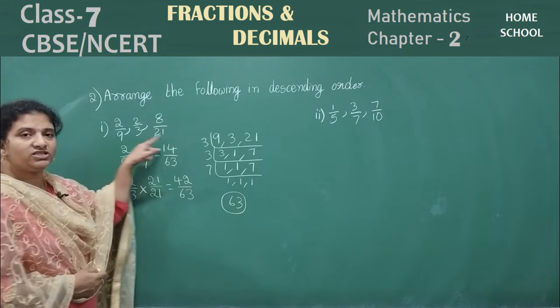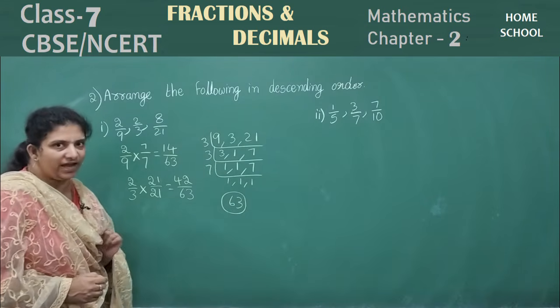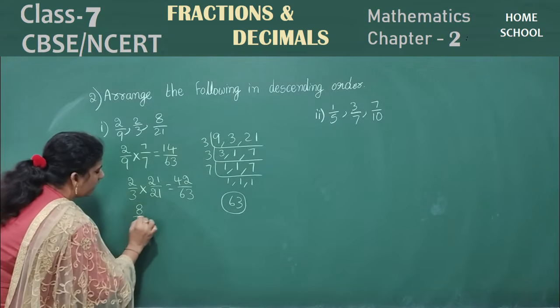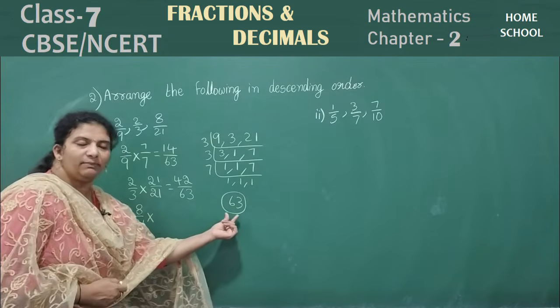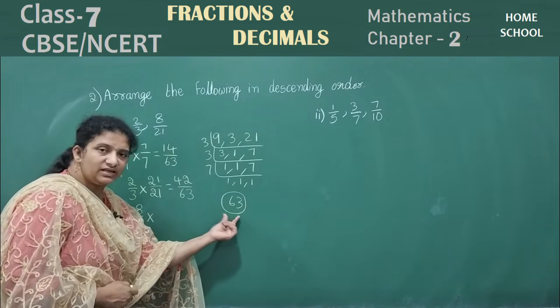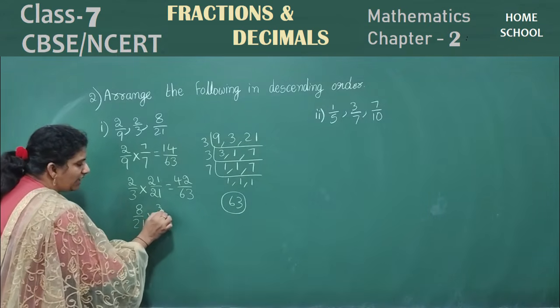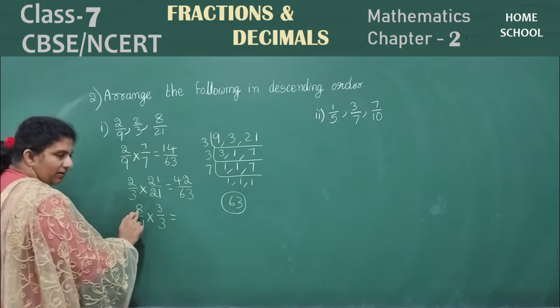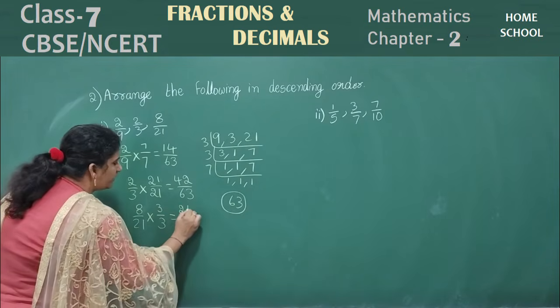All these fractions we are trying to convert into like fractions. So third fraction, 8 by 21. In the 21 table where do you get 63, children? 21 3s are 63. So multiply numerator and denominator. That makes 8 3s are how much here?